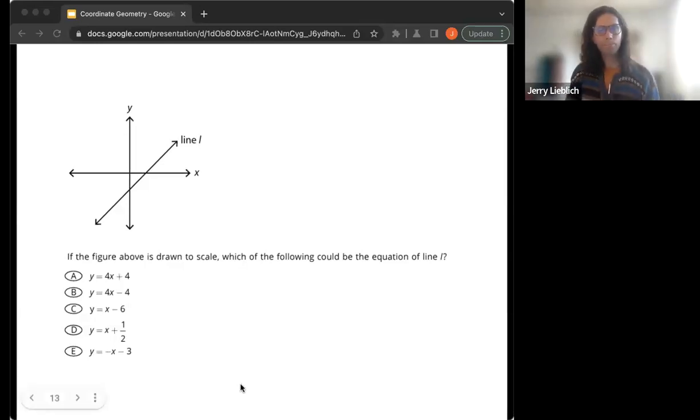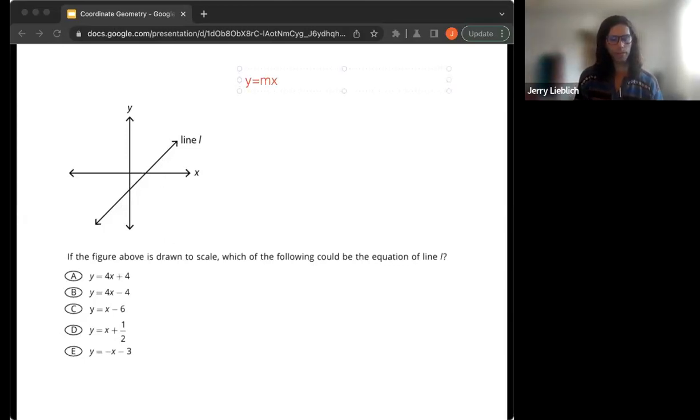So, problem like this, they don't give us any scale here. So we can't actually calculate the slope of this line or the equation of the line. We just have to use our understanding of y equals mx plus b, remembering that m is the slope, b is the y-intercept, to say which of these could it be?